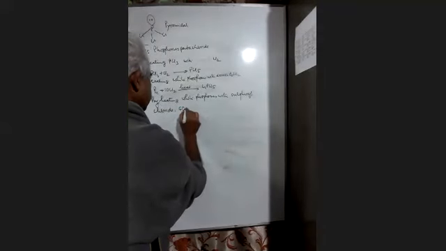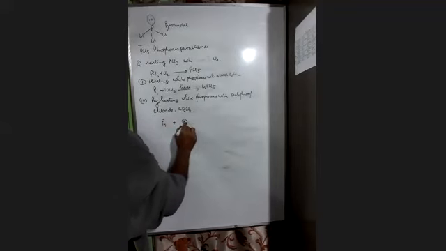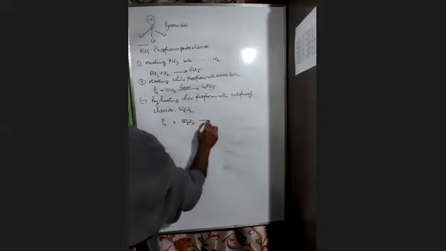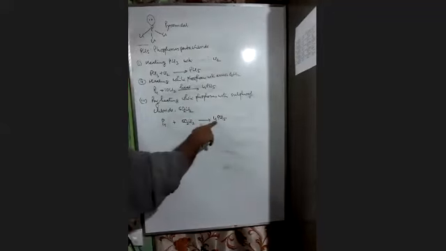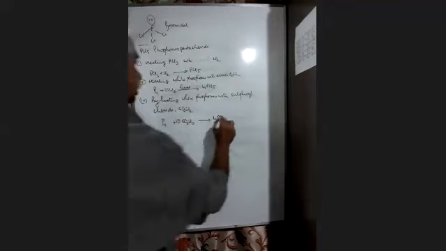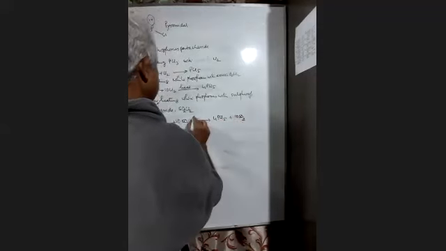Sulfuryl chloride is SO2Cl2. For PCl3 we use SOCl2, thionyl chloride. In phosphorus pentachloride we use sulfuryl chloride. So we write here now P4 plus 10SO2Cl2. It is going to give us 4PCl5. How many chlorines do we require? 20. So right now here 10. Okay, and if we heat it, you get here now 10.